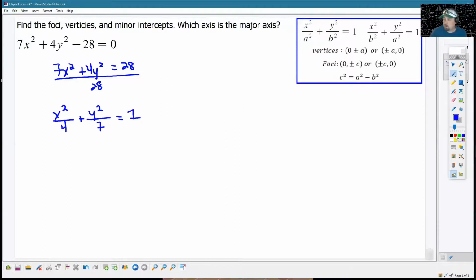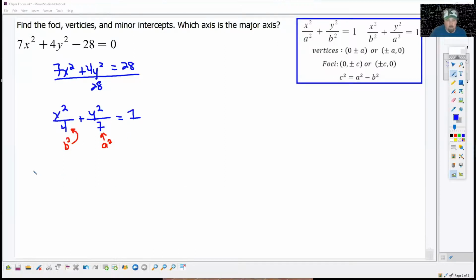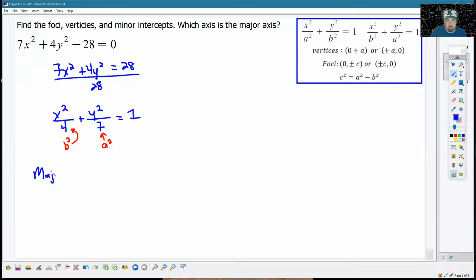So here, because 7 is bigger, this is our a squared, this is our b squared, so that means our major axis is once again the y-axis. That means our foci and our vertices are going to lie on the y-axis, not the x.